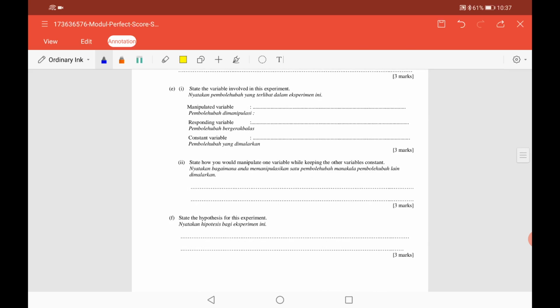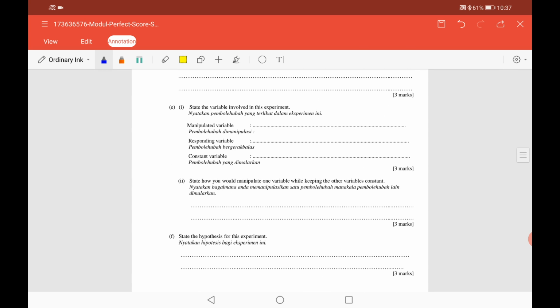Now the question is asking us about this. Question E and question F. So question E, state the variables involved in this experiment. What is the manipulated, responding, and constant variable?